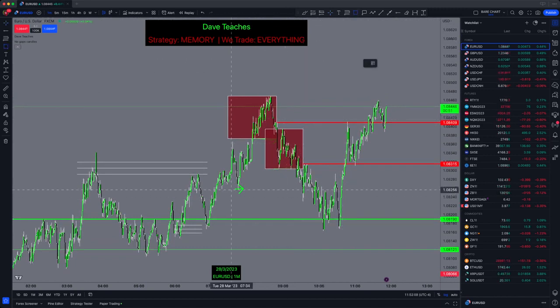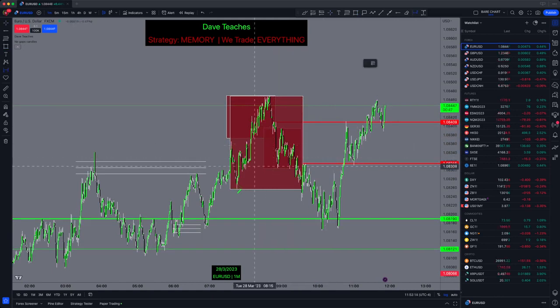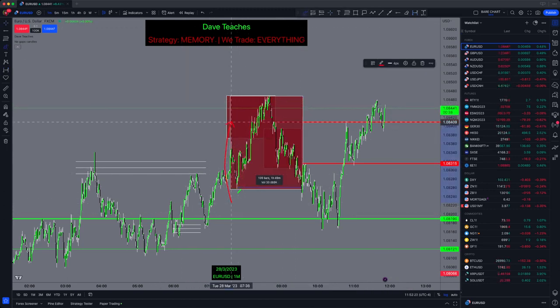I called this the hourly pullback, particularly because we took an hour's worth of data. You see right there, one hour 49 minutes' worth of data.